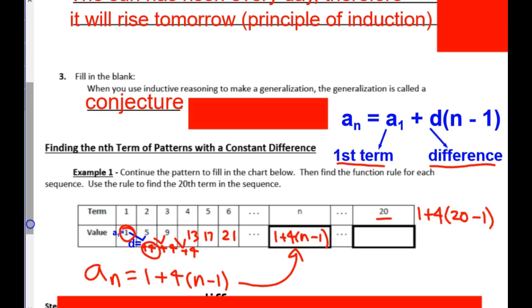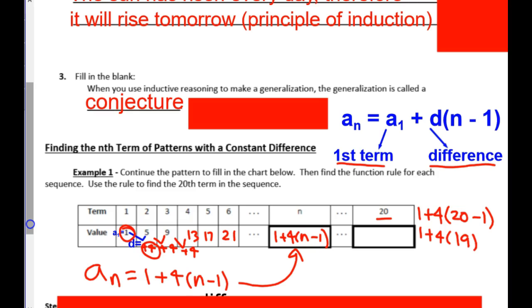Okay, PEMDAS. P in PEMDAS is parentheses. Inside the parentheses, I have to do that first. So 20 minus 1. First of all, what is that? Okay, 19, right?